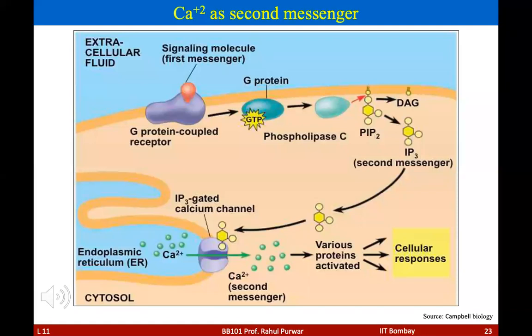Other types of second messengers are IP3, which is also named inositol triphosphate, as well as the calcium ion in our signal transduction pathway.